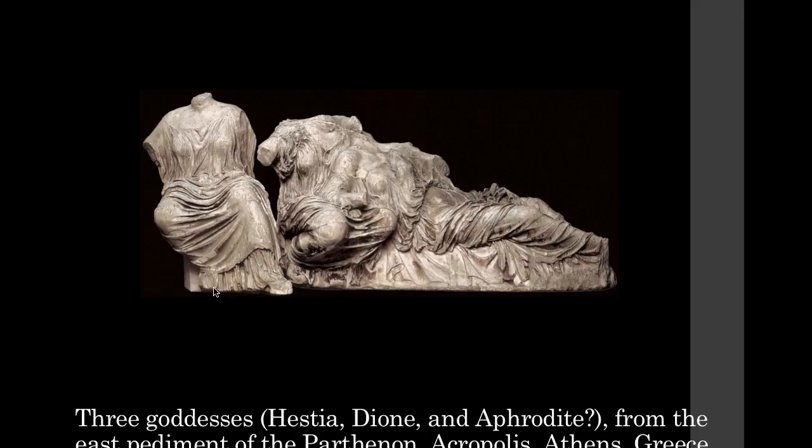They are perhaps, from left to right, Hestia, goddess of the hearth and home, and Dione and her daughter Aphrodite. However, another suggestion is that the two figures on the right are the personification of the sea, Thalassa, in the lap of Gaia, the goddess of the earth.